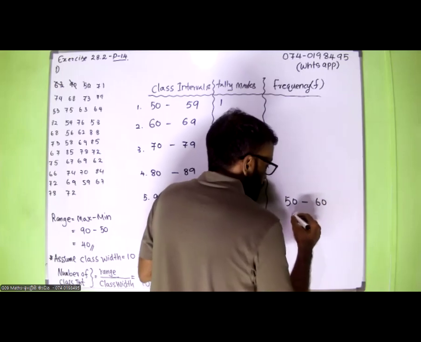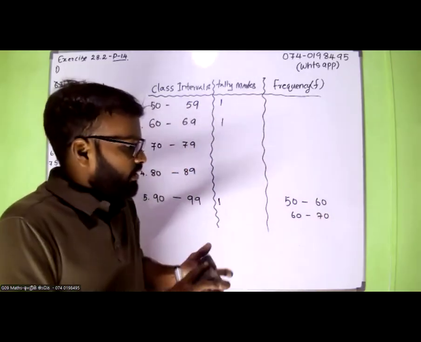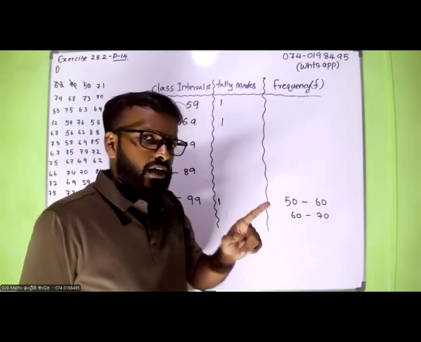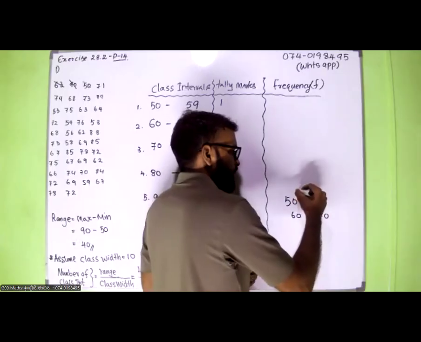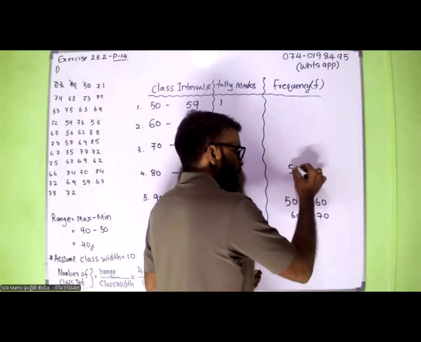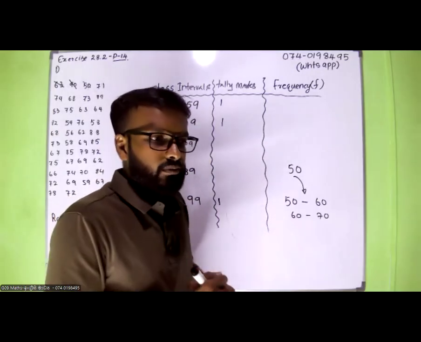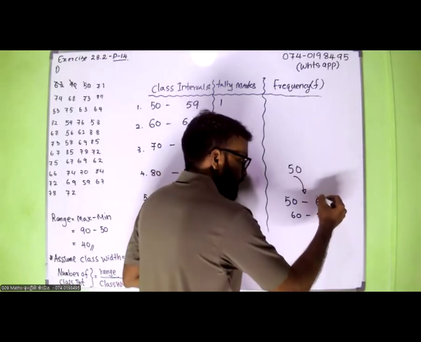Let's say here 50 to 60, 60 to 70. Class width is 10. Can you put 50 into this? Can you put data point 50 into this class interval when you have a closed gap?